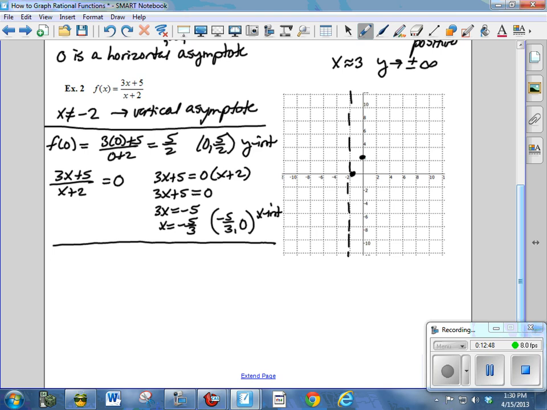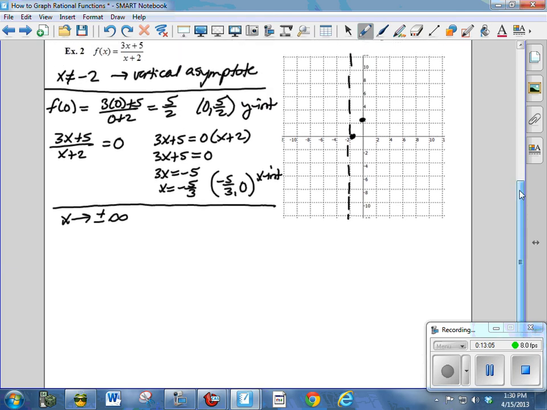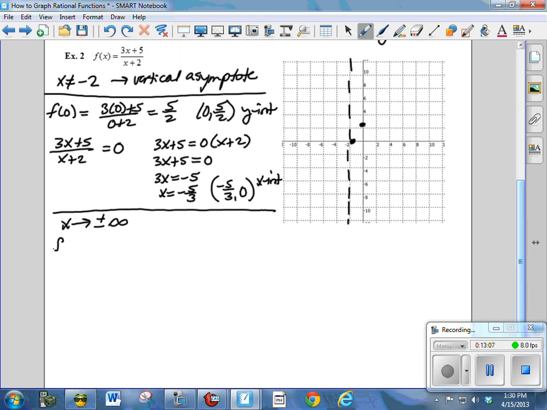So we have our vertical asymptote, where y cannot exist. We have our x-intercept and our y-intercept. The last thing to look at is what happens to this function when x goes to positive and negative infinity. So let's put in a million, f of 1 million.